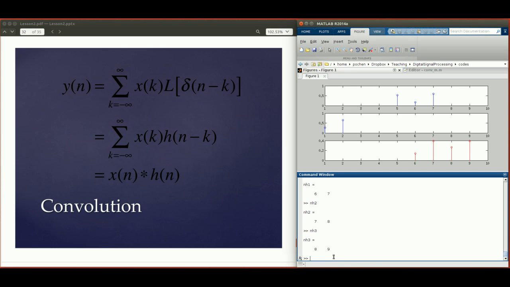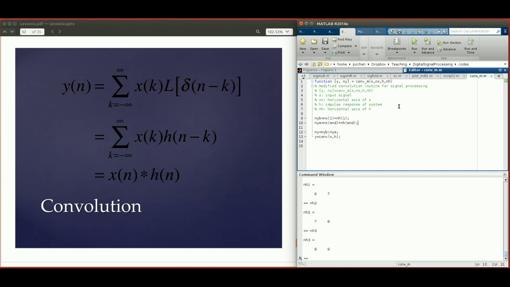So basically these two equations are just implementing what we just observed.